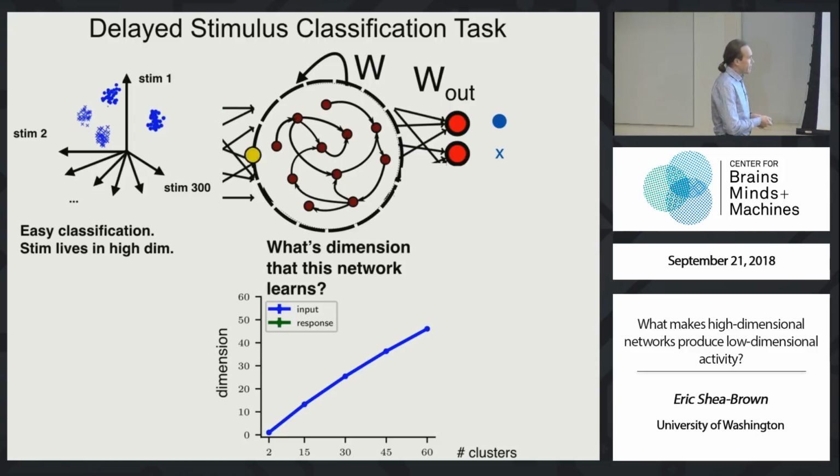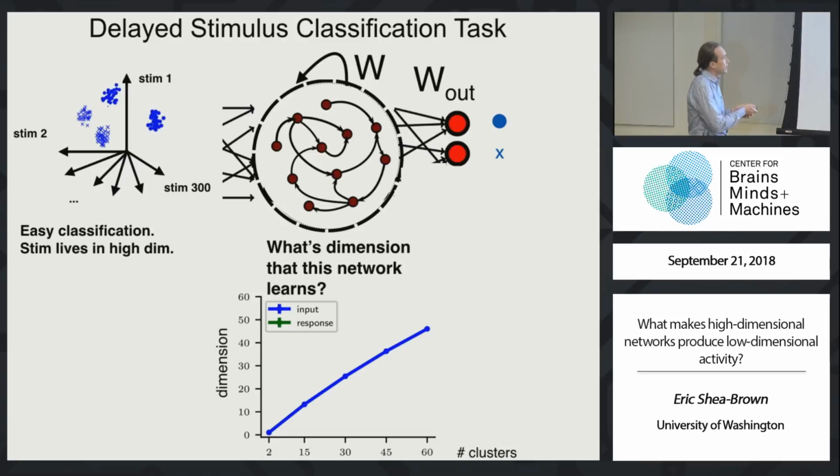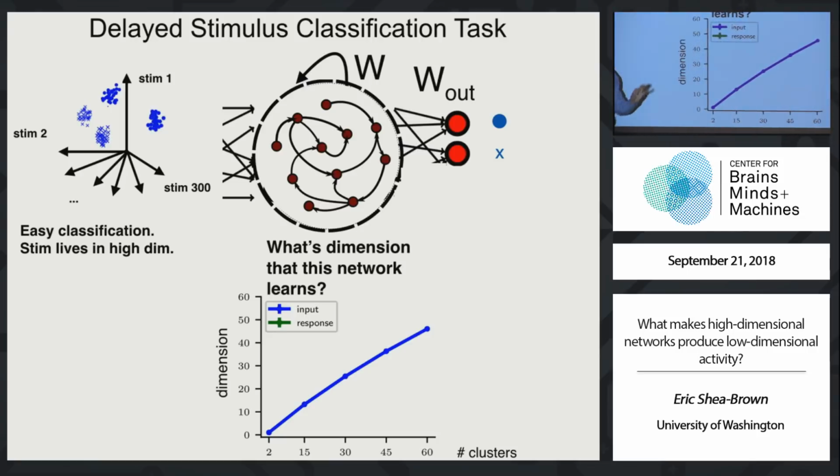Well, let's look at this for a bunch of different classification problems. These are all classification problems in which I have just two categories, circles and X's, Heims and Tommies. But I might increase the number of clusters of different Heims: Heim wearing a white shirt, Heim up close, etc. That's what's going along this axis. What you see in blue is the dimensionality in the input space.